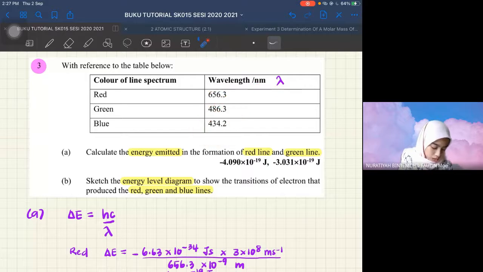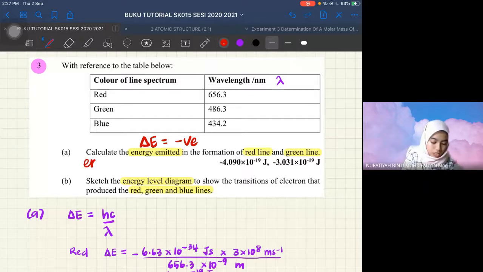Now you want to calculate the energy emitted, meaning energy released. So your delta E will be negative, because it says energy emitted.